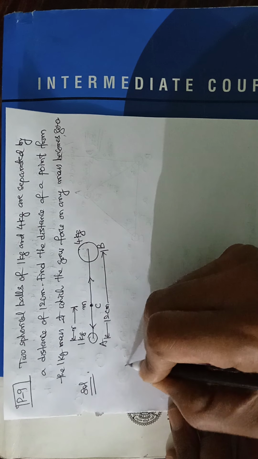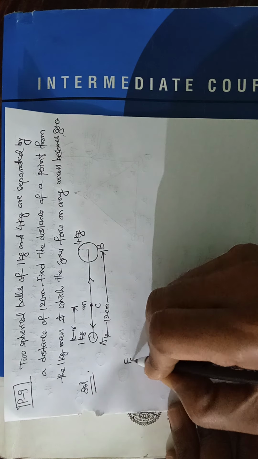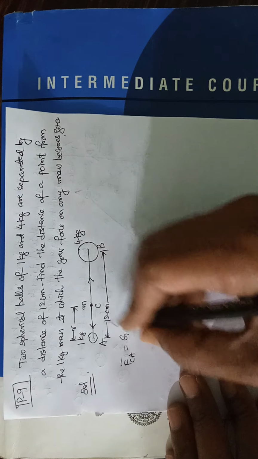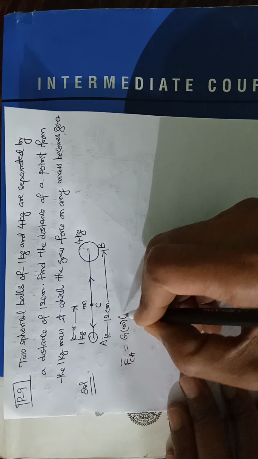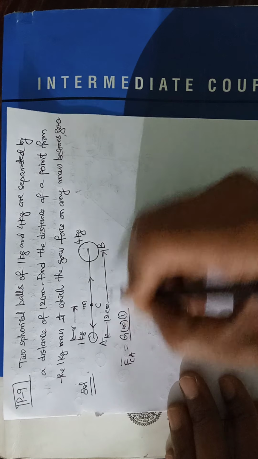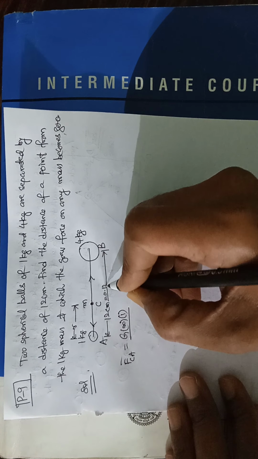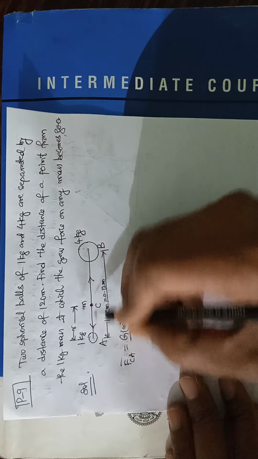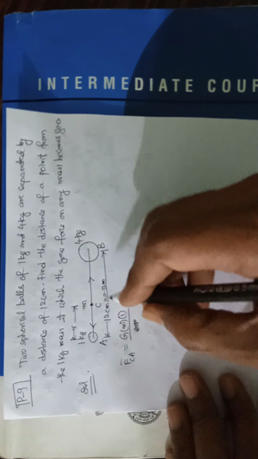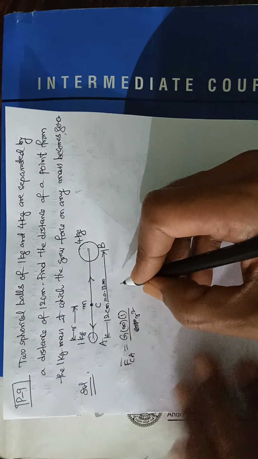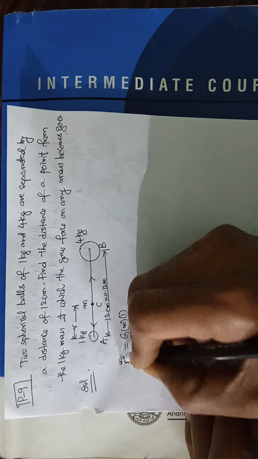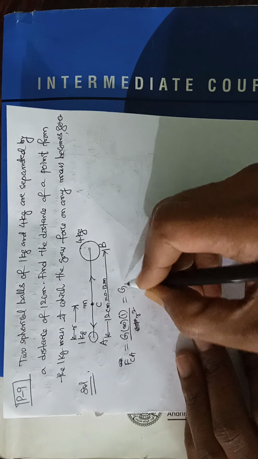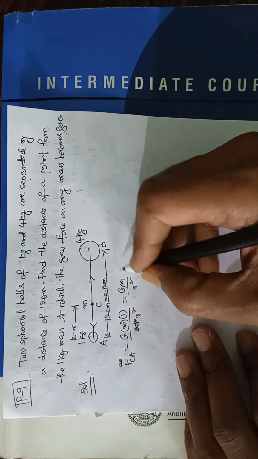Now force on C by A is capital G, M, here 1 kg, by the distance square, where 12 centimeters means 0.12 meter. Here the distance between this and this is R square. We are considering only magnitude, so GM by R square.